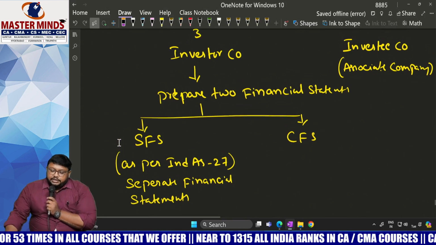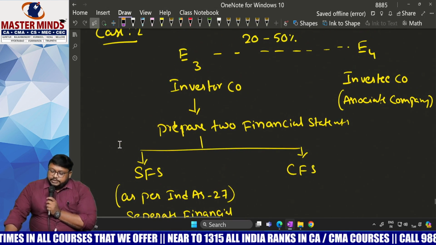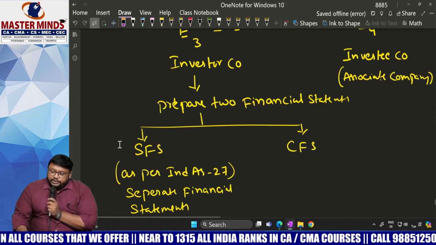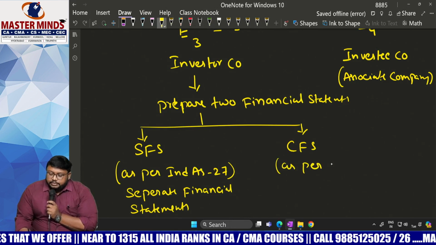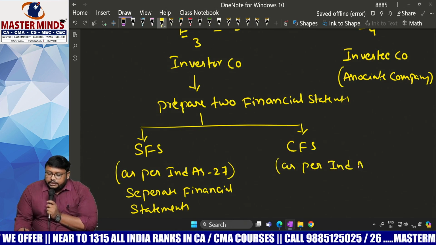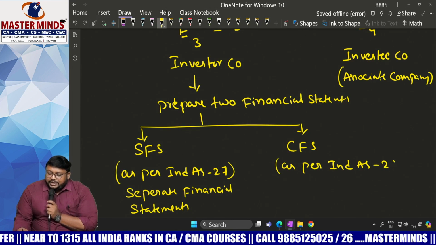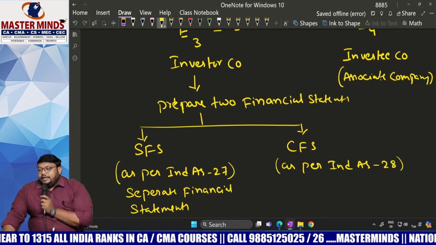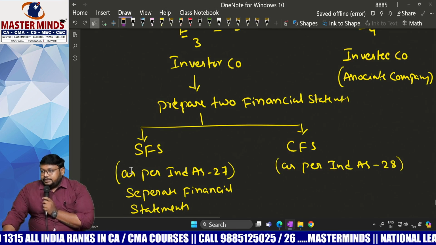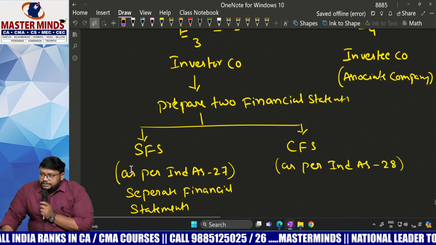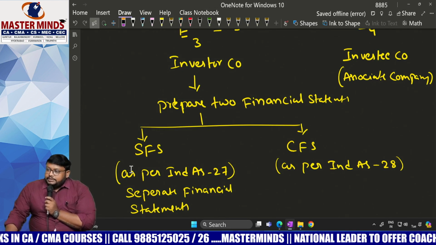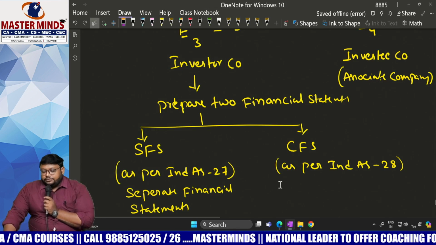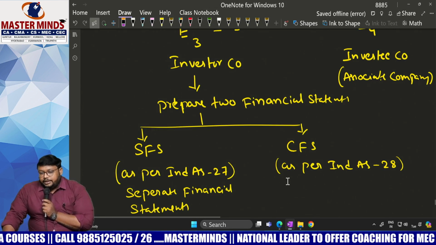In such a condition, when we are making investments in associate companies, consolidated financial statements will be prepared as per Ind AS 28. So Ind AS 28 will apply in such cases when you are preparing consolidated financial statements, when you are making investments in associate companies.